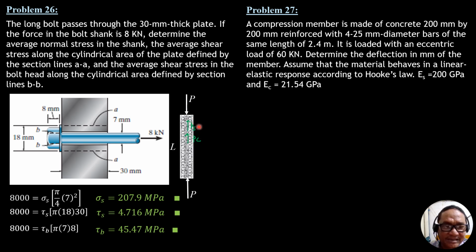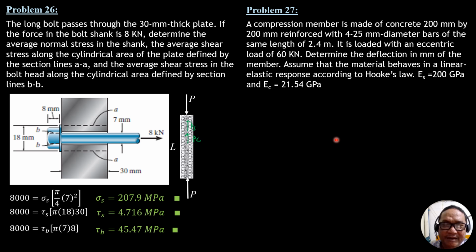So that means P is the sum of the load carried by the steel and carried by the concrete. Remember, area of steel is 4 times the area of a 25 mm diameter bar, 4 times pi over 4 times 25 squared, while the area of concrete is 200 by 200 minus the area of steel.